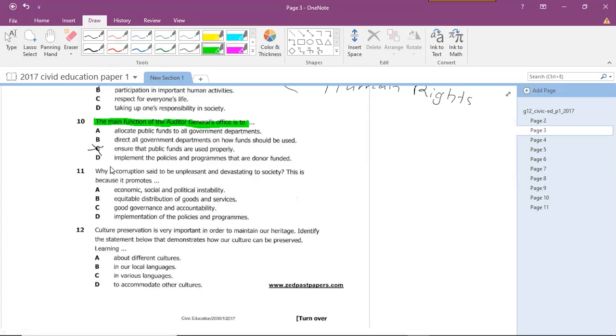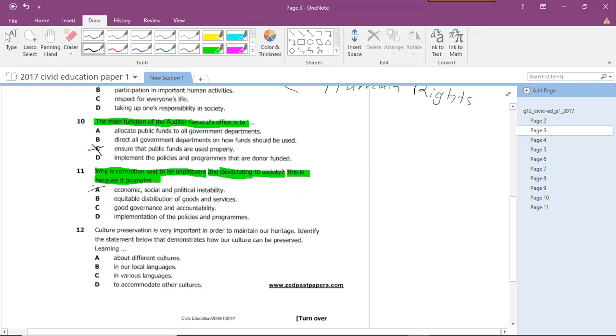Question 11 states, why is corruption said to be unpleasant and devastating in society? This is because it promotes, so here they are talking about the negative aspect of corruption. Why is it considered unpleasant and devastating? A, it promotes economic, social, and political instability, which is a bad thing.